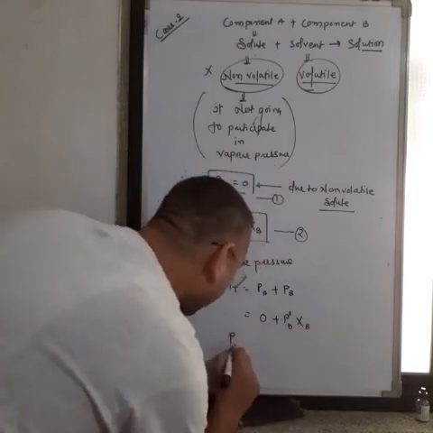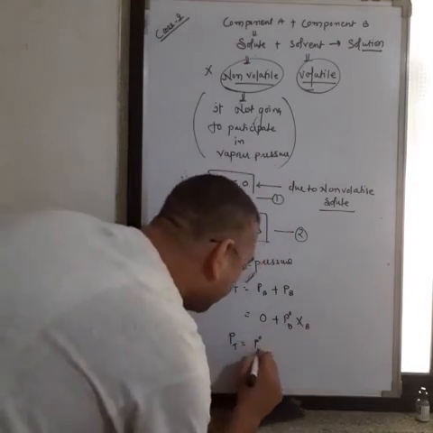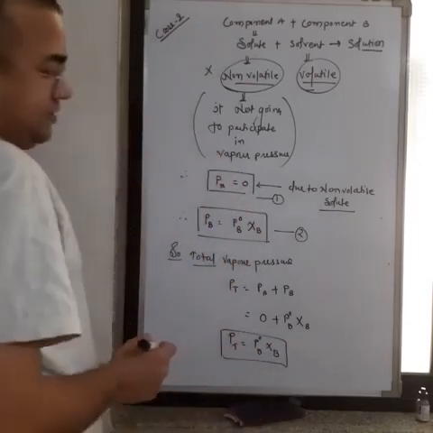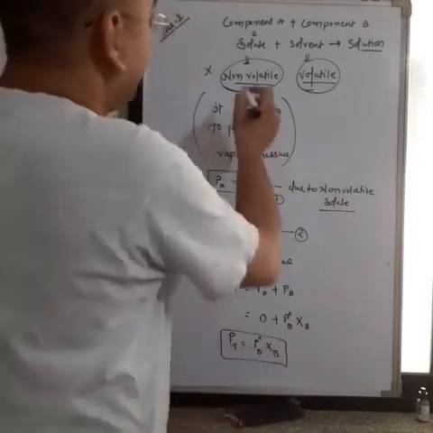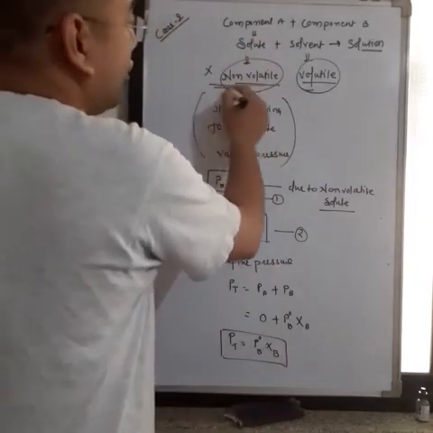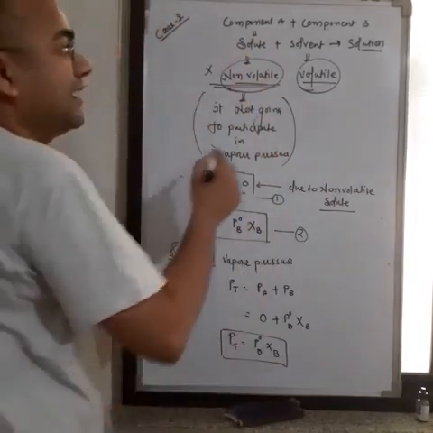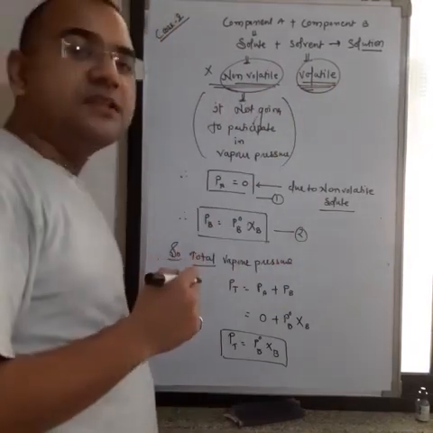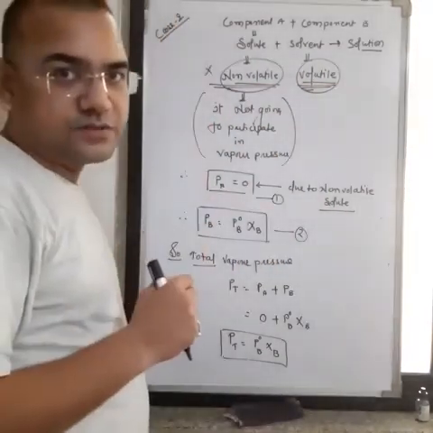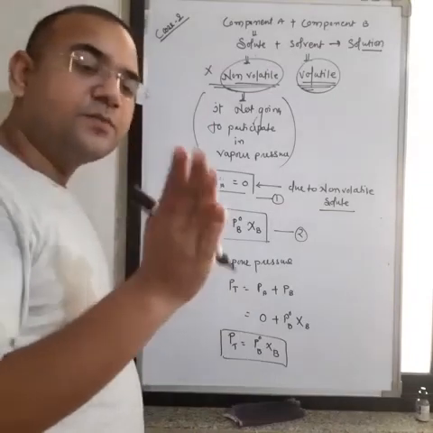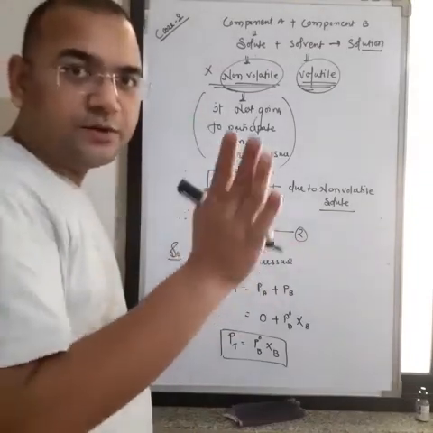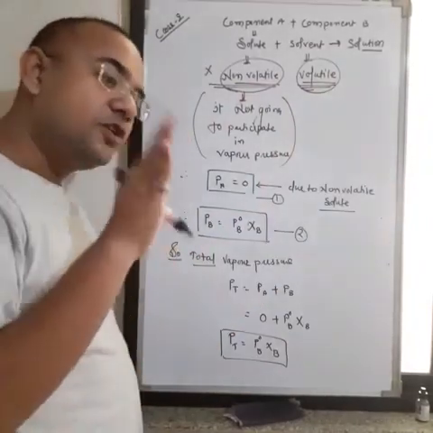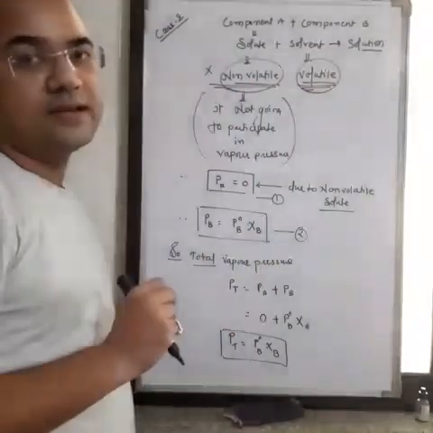So PT is equal to P naught B XB. So this is Raoult's law when we have a non-volatile solute and a volatile solvent. So in this manner we can solve these two laws, means Raoult's law in two situations: volatile solute in volatile solvent and non-volatile solute in volatile solvent.